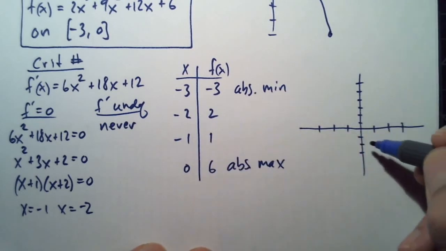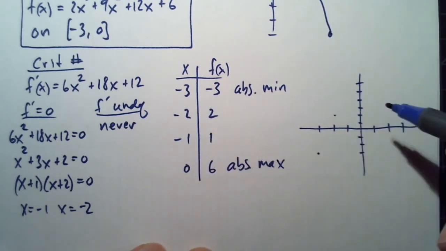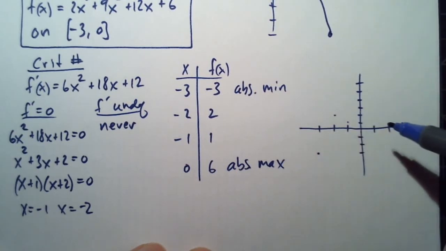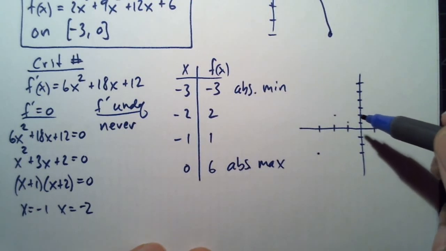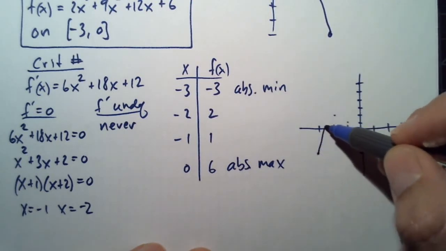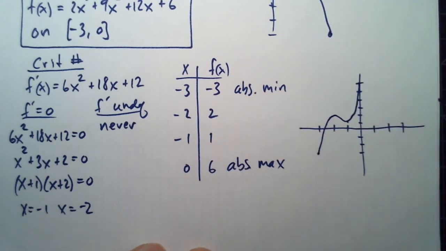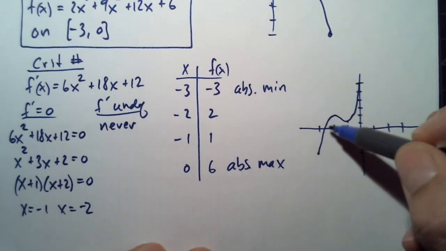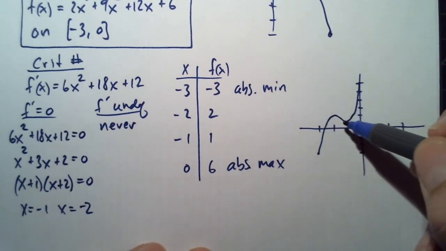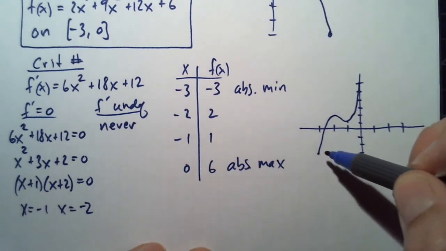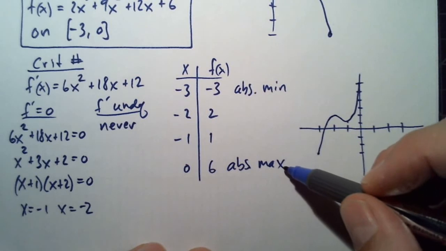So at -3, we go to -3; -2, 2; -1, 1; 0, 6; and the graph might look like that. Since we're only looking for absolute extrema, it doesn't matter what's happening in here. We know that the absolute minimum occurs at the endpoint, and the absolute maximum occurs at the other endpoint.